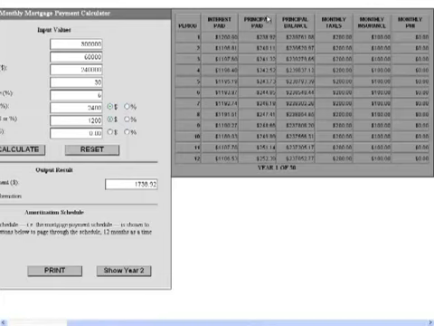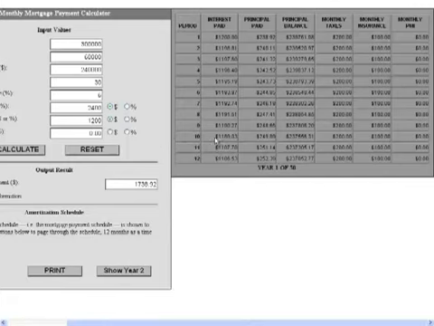Now, the principal and interest portion of this payment, the total portion of the payment, remains fixed throughout the 30-year term of the loan, because this is a fixed rate mortgage. So the first month, $1,200 would be applied toward interest, and $238.92 would be applied toward the principal of the loan.